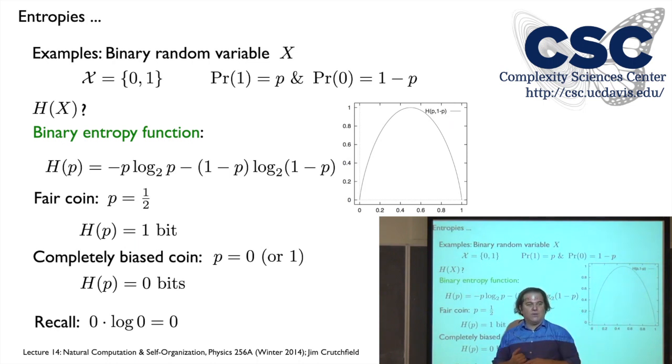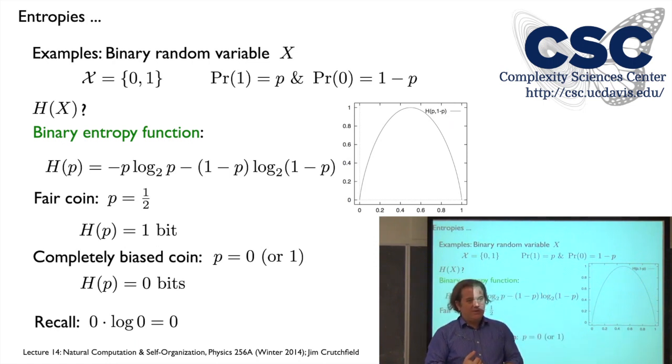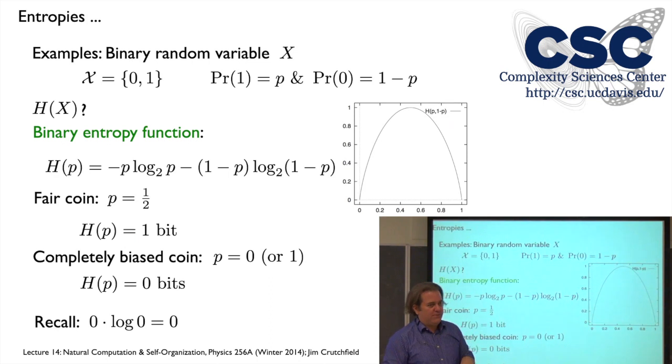So convexity is a really important property of this. Remember, what we're doing is going from a distribution which has many parameters down to a scalar number. And part of the trick here is that this h function captures a lot of the structure in the distribution. So you'll see it's very useful. Rather than having to carry around bags of probability numbers, probability amplitudes, we can get a scalar out.